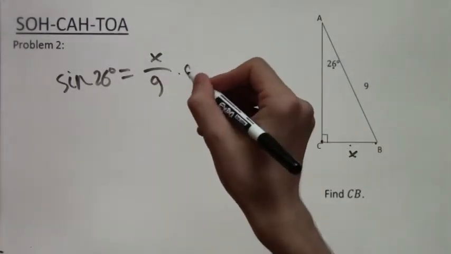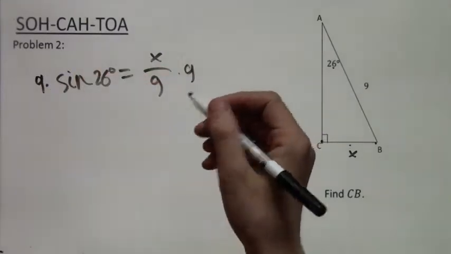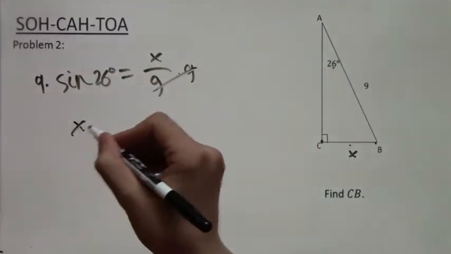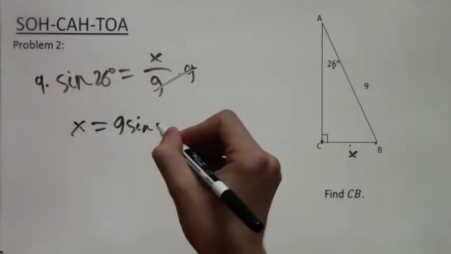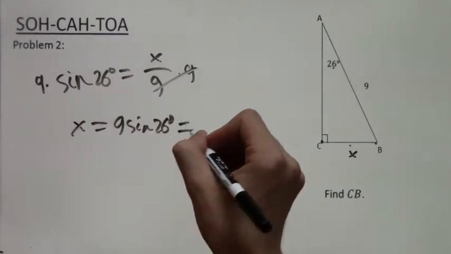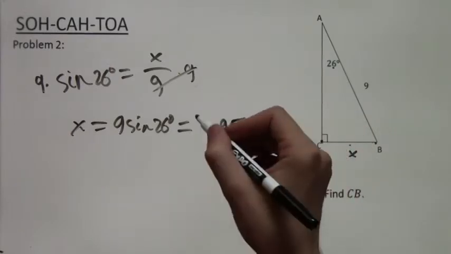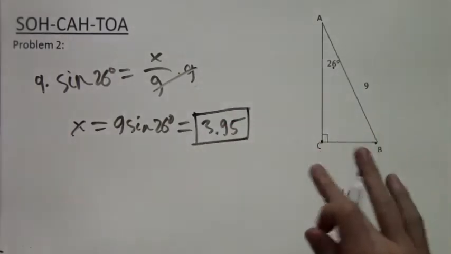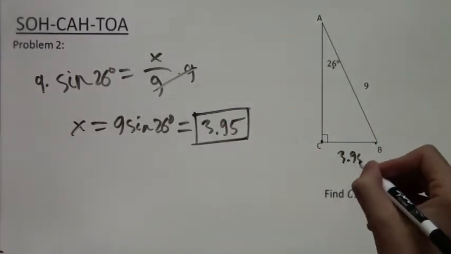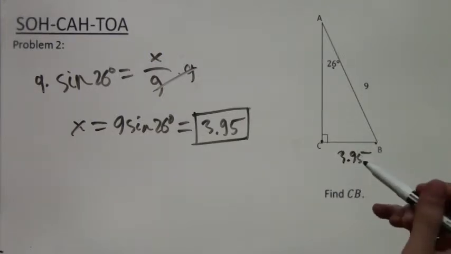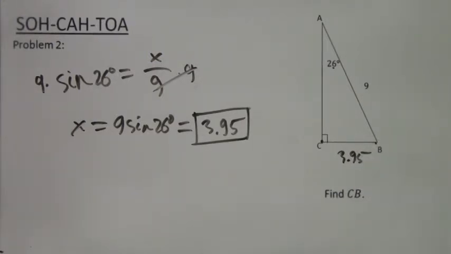Now I just solve for x. Multiply by 9 on both sides, so I get x equals 9 sine of 26 degrees. We plug this into our calculator and get 3.95 for x. That's the answer. Again, since we're plugging in sine of 26 degrees, you want the calculator to be in degree mode.